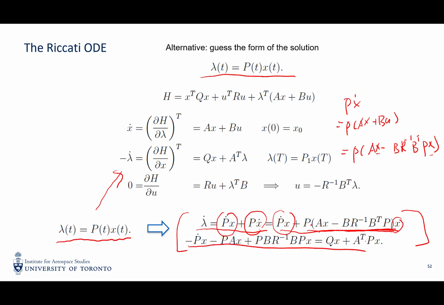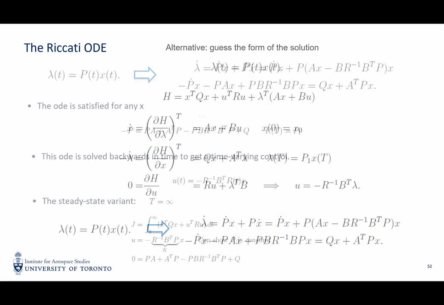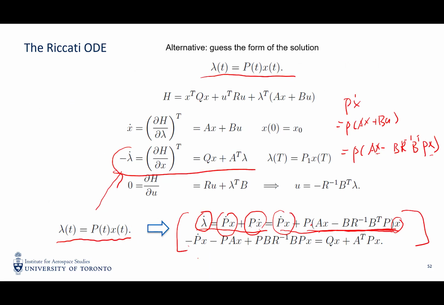By rearranging terms, we should have... oh no, it's not. Since lambda dot also equals the second equation, this equals minus p dot plus p times all summed together times x.